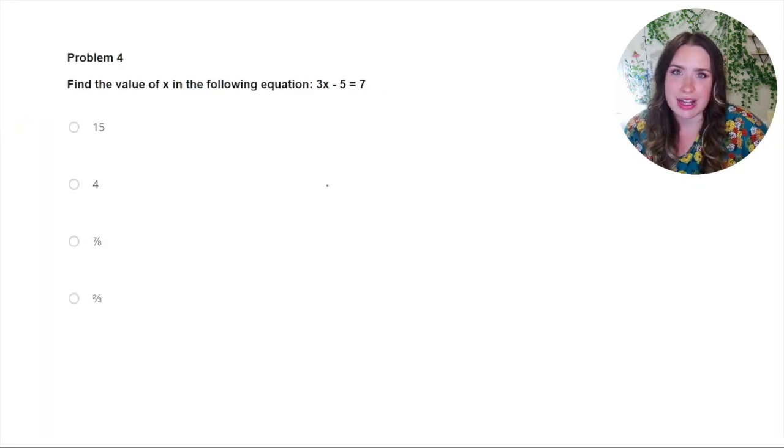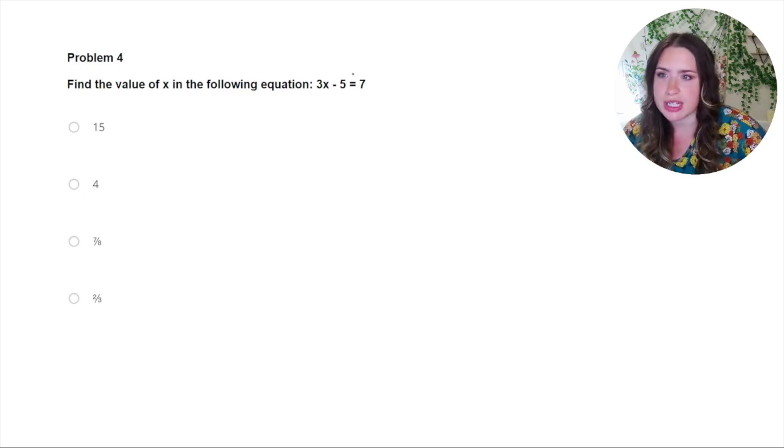All right, let's tackle one last question. Problem 4, find the value of x in the following equation. So again, you can use the strategy of plugging those in to see which one works, or we can go straight to the algebra and solve for x. So I want to undo this minus 5 first. So the opposite of that is to add 5, and we have to do it to both sides of the equation.